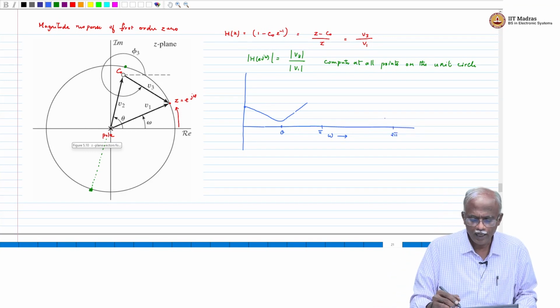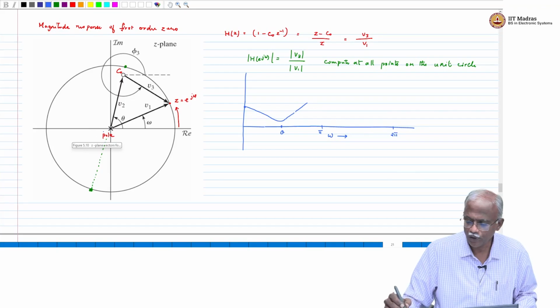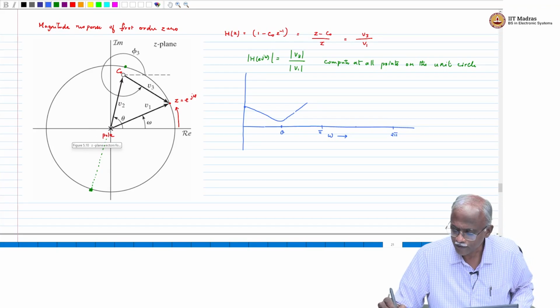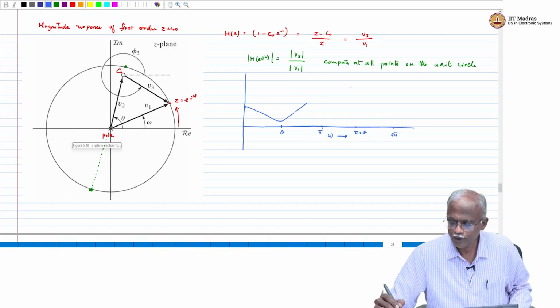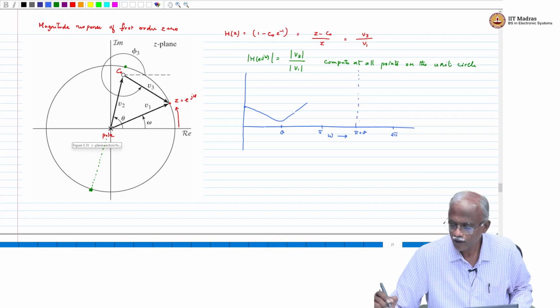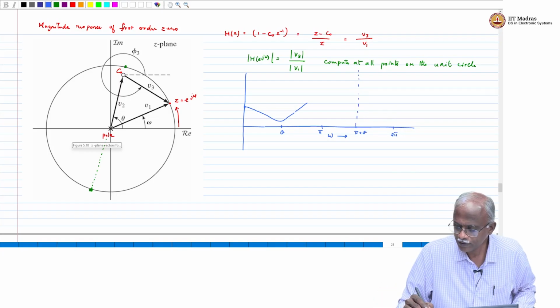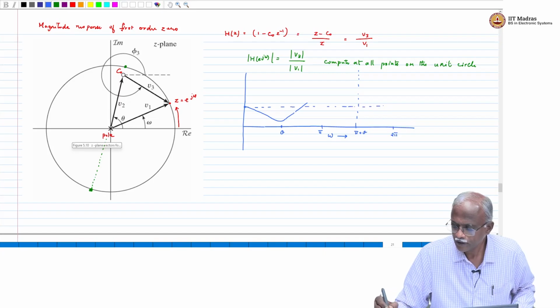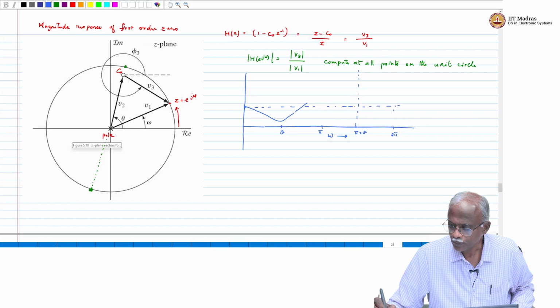You're diametrically beyond pi, so pi plus theta or theta plus pi, that is where you will expect to see the maximum, and then at 2 pi you will come back to the point at which you started. Okay. So this is 2 pi. So it will reach some maximum value and then come back here.